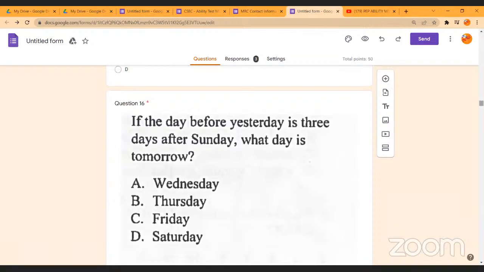If the day before yesterday is 3 days after Sunday, what day is tomorrow? A, Wednesday, B, Thursday, C, Friday, and D, Saturday.